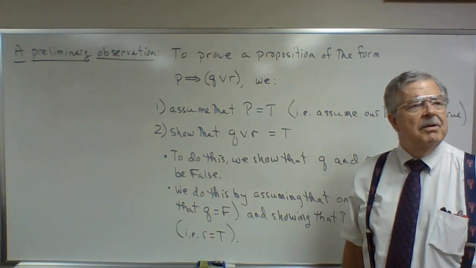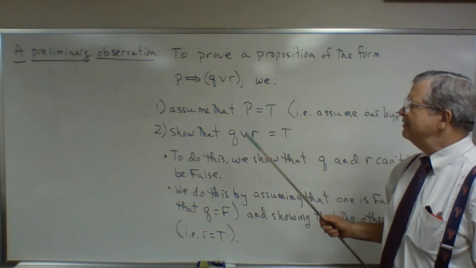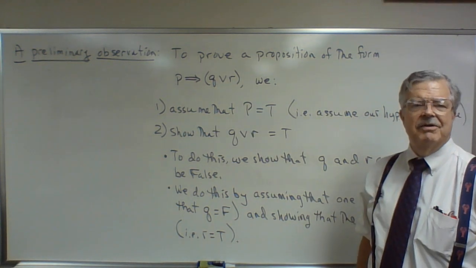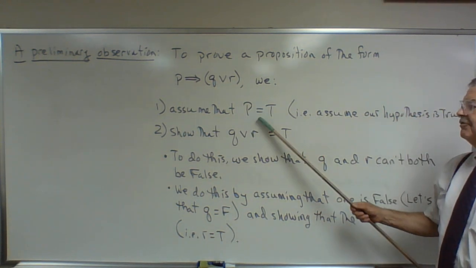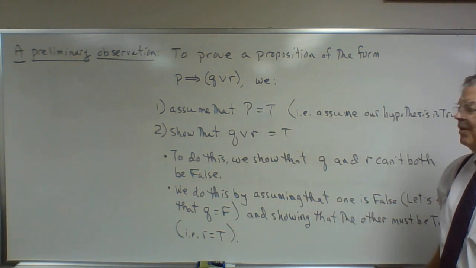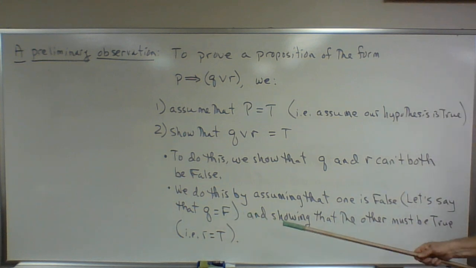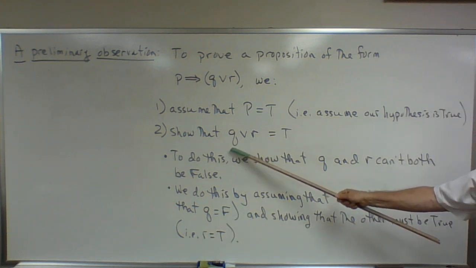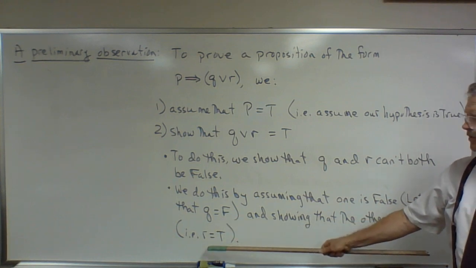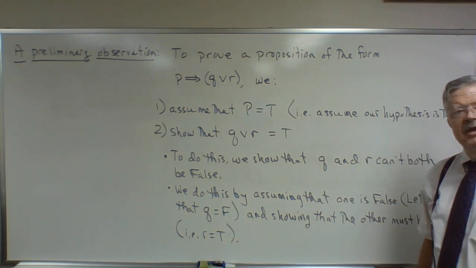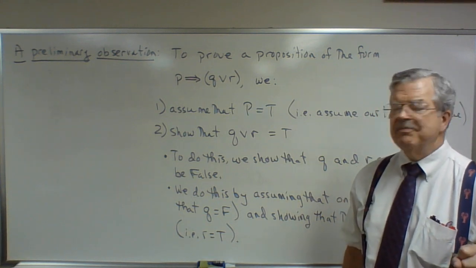But I can remember being in an abstract algebra class, and our instructor used to use this technique every so often. And I remember the first time he used it, he assumed the hypothesis was true, of course, and then he assumed that the first part of the disjunction was false, and he showed that the second part was true, and that was the end of the proof.